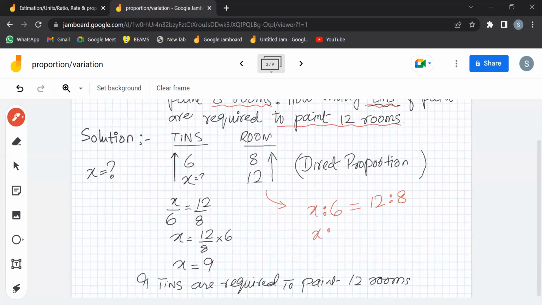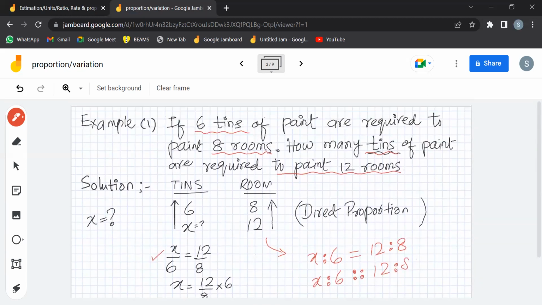The symbol for proportion is these four dots, 12 is to 8. So you can write directly x over 6, the fraction, on the left hand side, and the ratio 12 over 8 on the other side. In this way you can get the answer. You can know the number of tins. Let the number of tins be x.